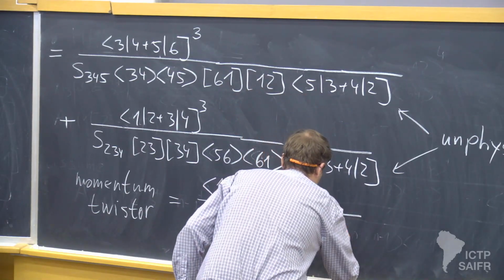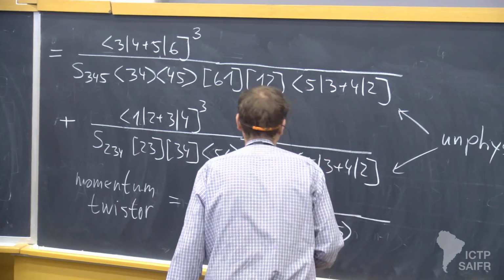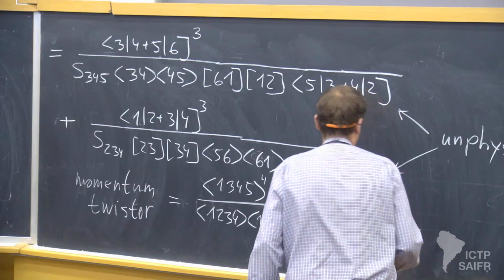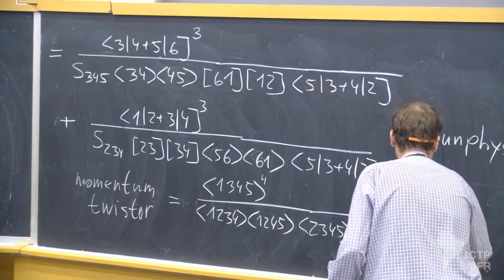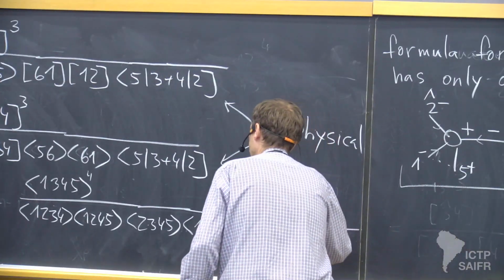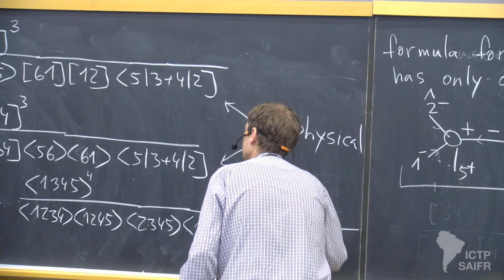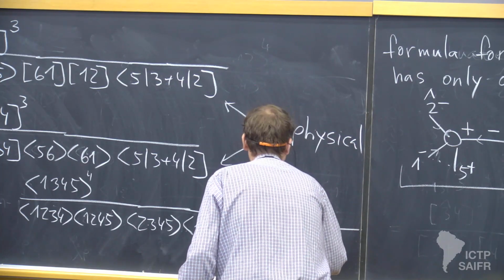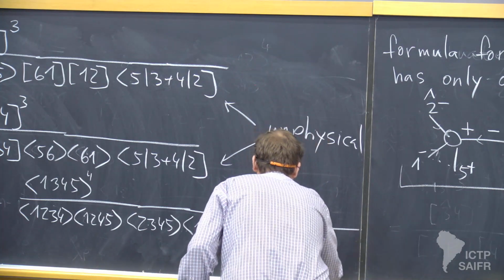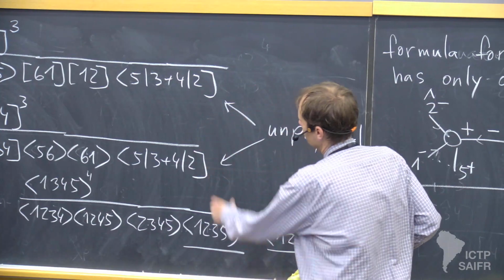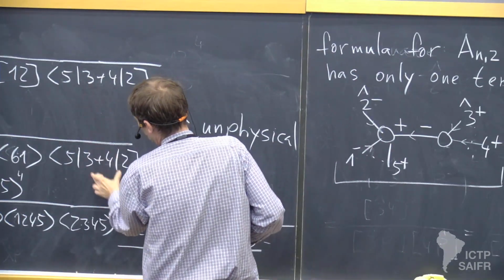So this was one formula, and there was also a similar formula for 1, 2, 3, 4, 5. The important thing is that there was this term 1, 2, 3, 5, which was just this pole written in terms of these new variables.